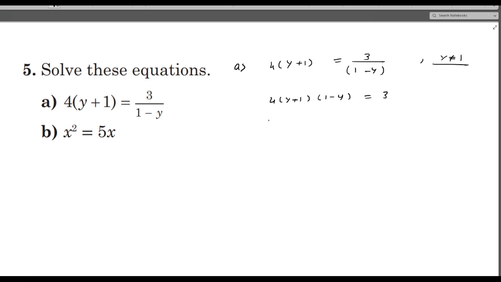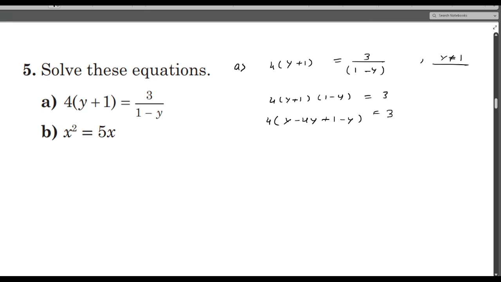Now let us open the bracket. So it is 4 times, I multiply y with this 1 minus y. Okay, I got confused with my own handwriting.